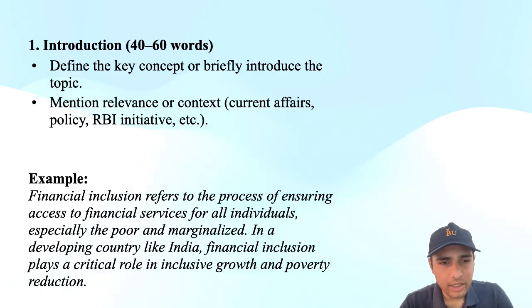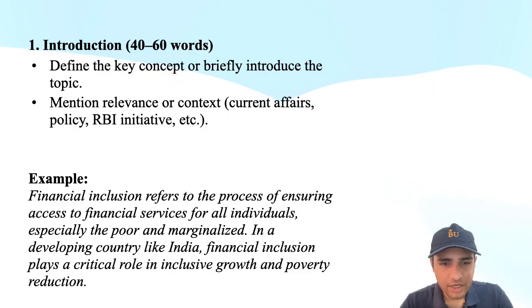Example, you can read it. Financial inclusion refers to the process of ensuring access to financial services for all individuals, especially the poor and marginalized. What we have done is just given a definition of the topic financial inclusion because the question is based on financial inclusion.